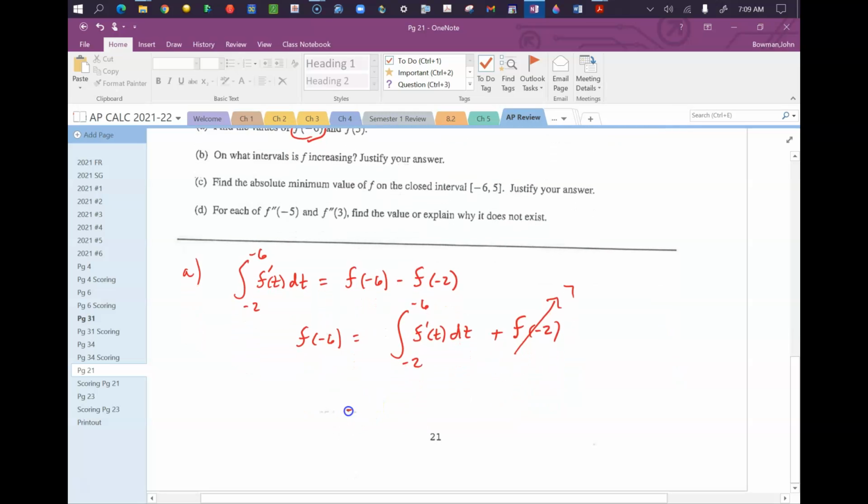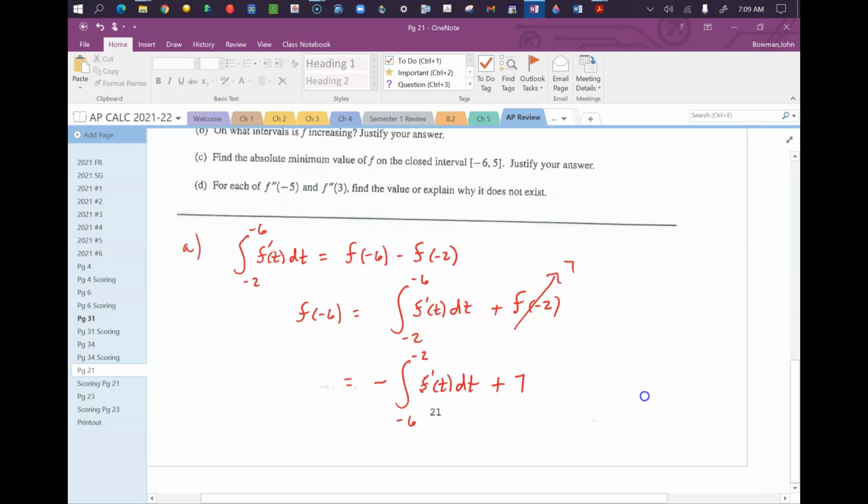And I think it's easier to integrate from left to right, so I am going to use this property of integrals that says if you switch the limits of integration, so we're going to integrate from -6 to -2, f prime of t dt, and then we'll add 7 to that. We just have to put a negative sign in front of it.